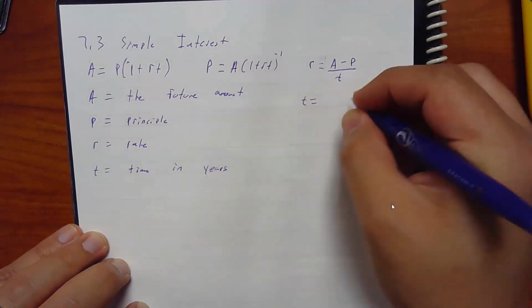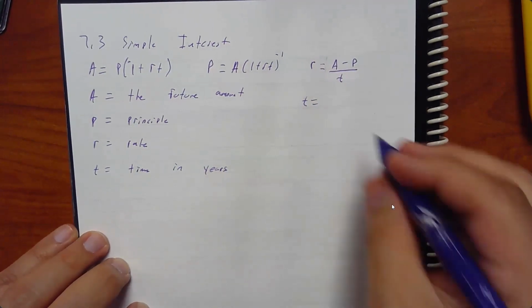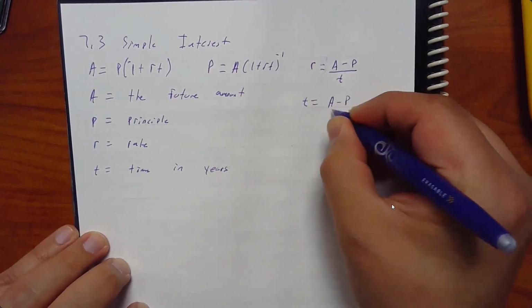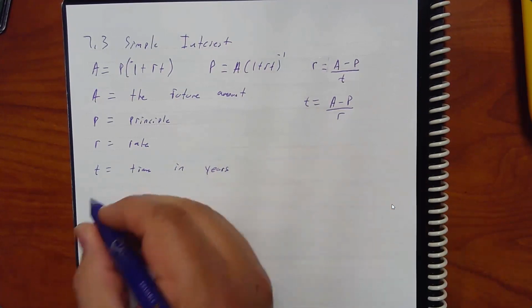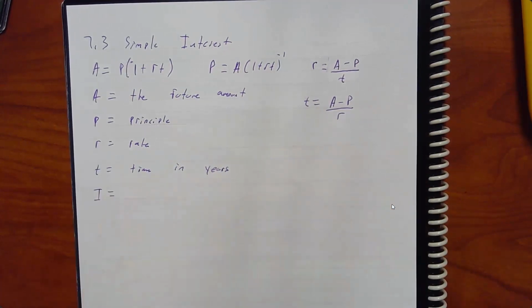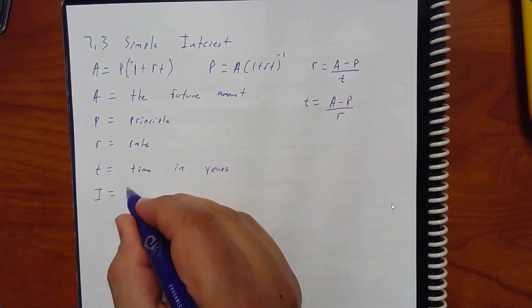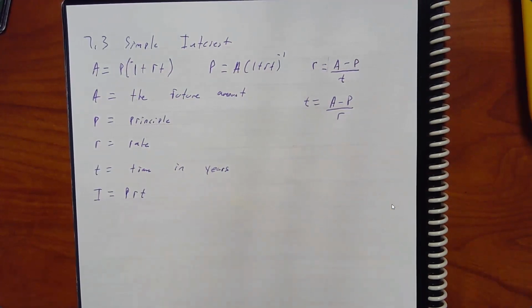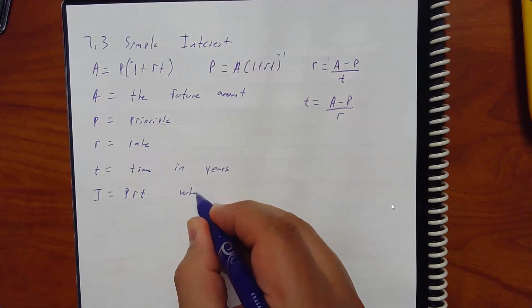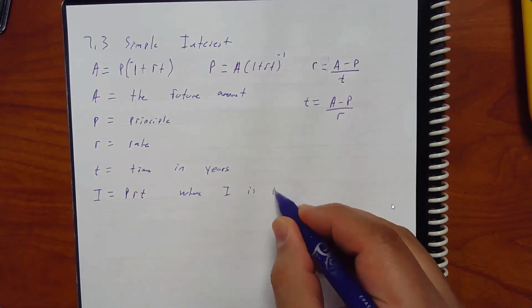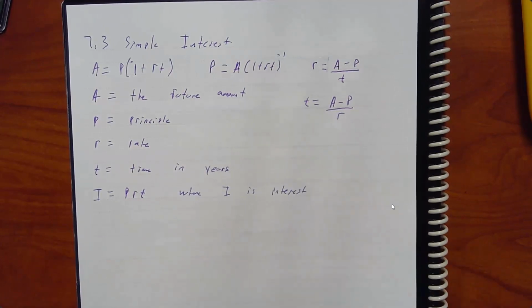Time would be A minus P over R. Anyway, if they only want interest, you can use this one: principal times R times time. Okay, so this should get you through 7.3, no problem.